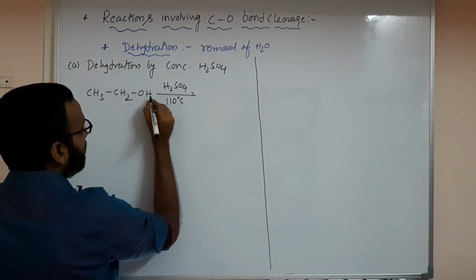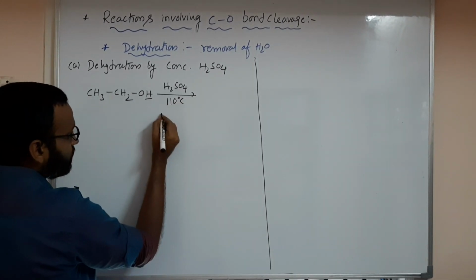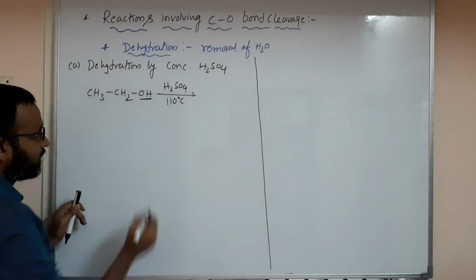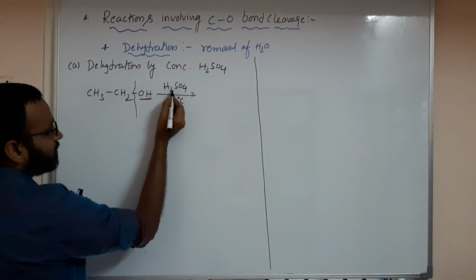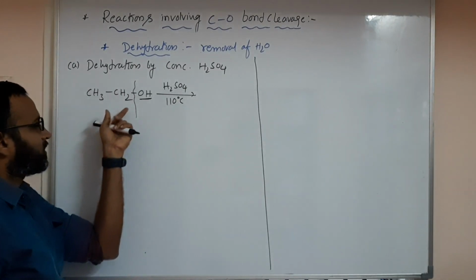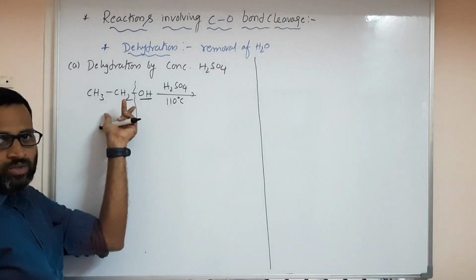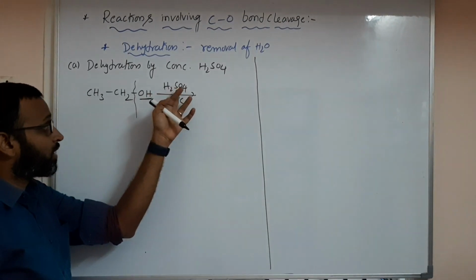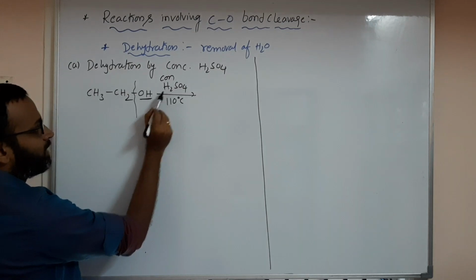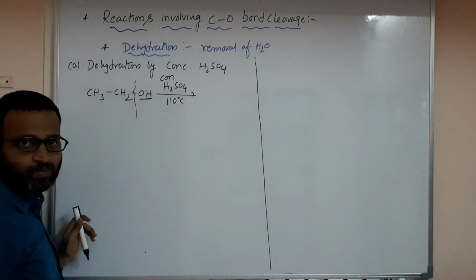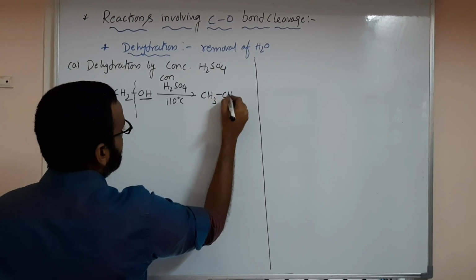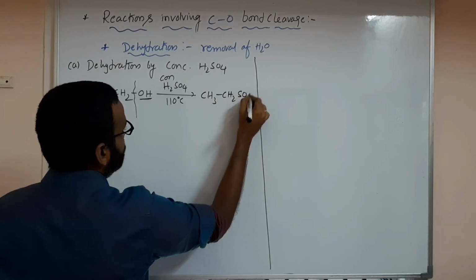What happened? This is a reaction involving OH bond cleavage. Acid has a tendency to donate H plus. Ethyl alcohol also has acidic nature, but it is very weak. This is a strong, concentrated acid, so it will donate H plus, and the alcohol will donate OH. So water will be removed, and you have CH3CH2 with SO3H remaining.